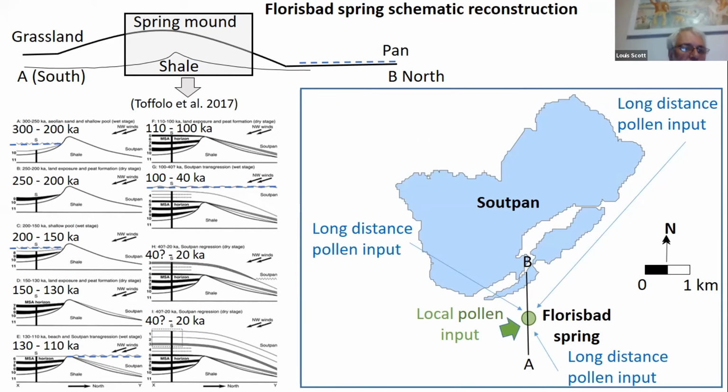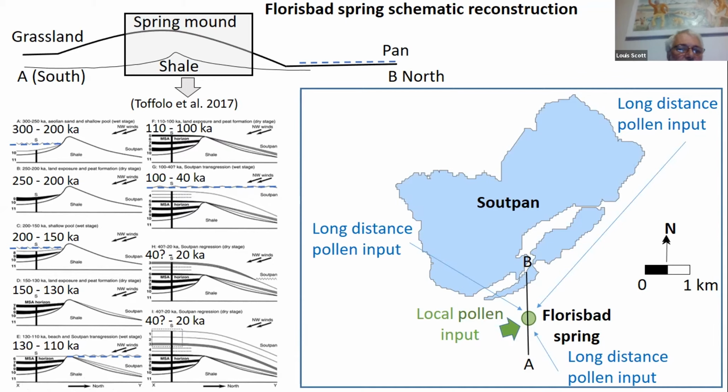And you can see sometimes the pan has shallow water, indicated by these little blue lines, and sometimes the water is at the spring site, and sometimes the pan fills up, and you get a massive amount of water, like this overflow at this part of the section between 100,000 and 40,000.